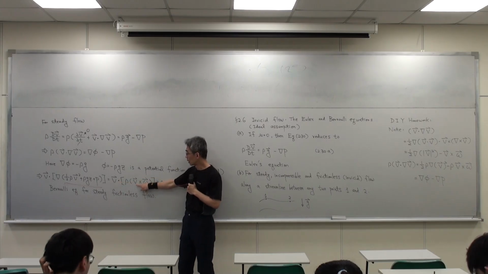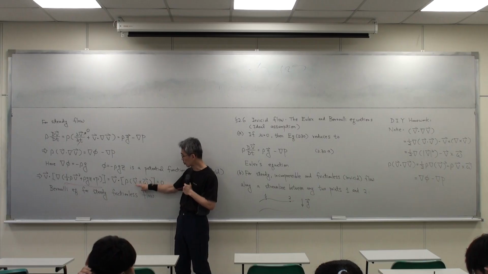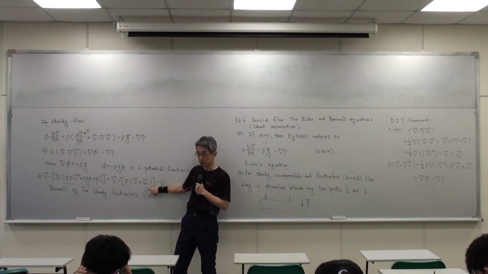This cross product is perpendicular to the velocity and perpendicular to the vorticity direction.